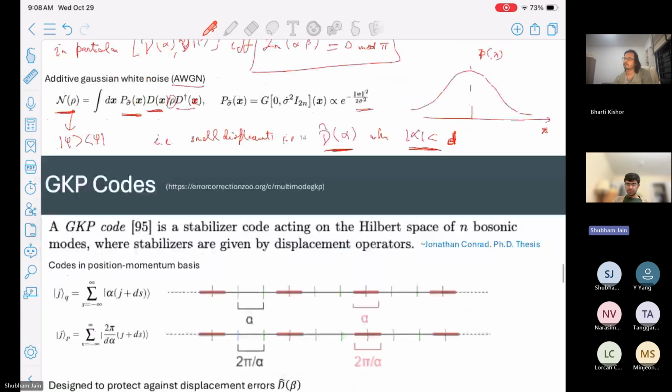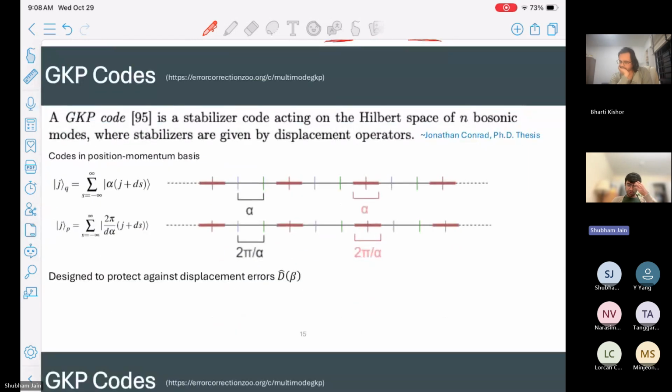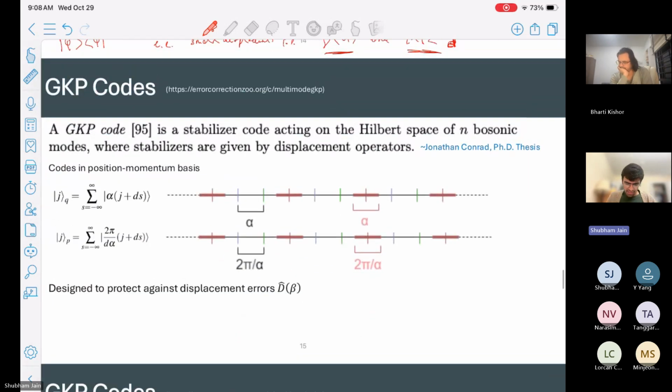Okay, finally we can move on to the next kind of code, which is the GKP code. This is a nice definition that I took from Jonathan Conrad's PhD thesis, who is one of the world's leading experts on GKP codes. A GKP code is a stabilizer code acting on the Hilbert space of n bosonic modes, where stabilizers are given by displacement operators.